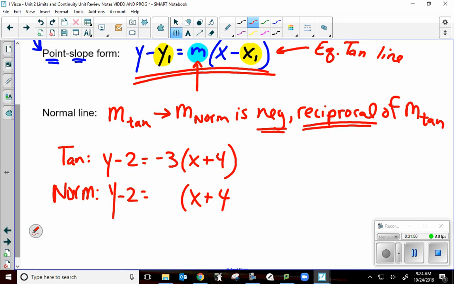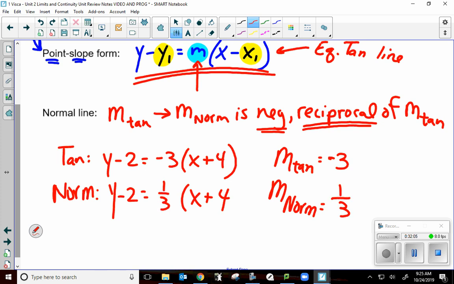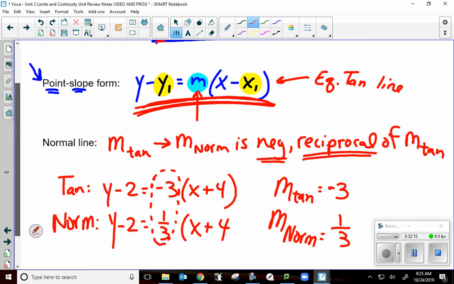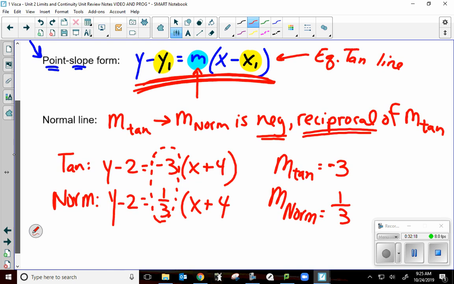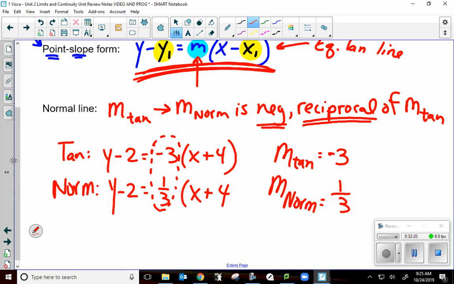The only thing is, if the slope of my tangent is negative 3, for the slope of my normal line I negate that, it becomes positive 3, and I flip it. Reciprocal, 1/3. The slope is the only thing that changes. That's another reason this way is a million times better than slope intercept. There you go. Simple.